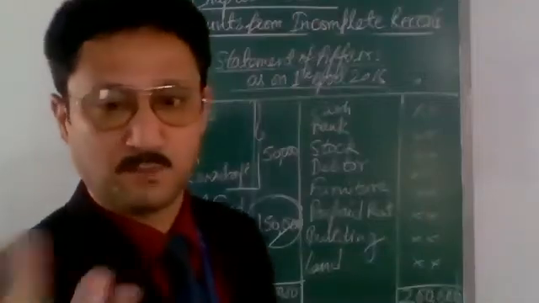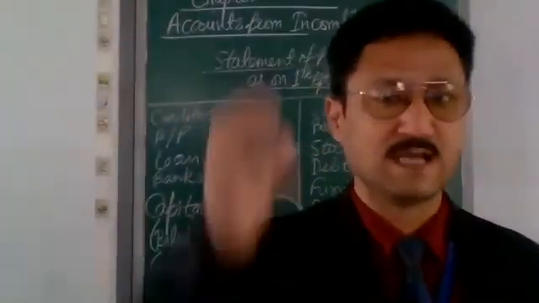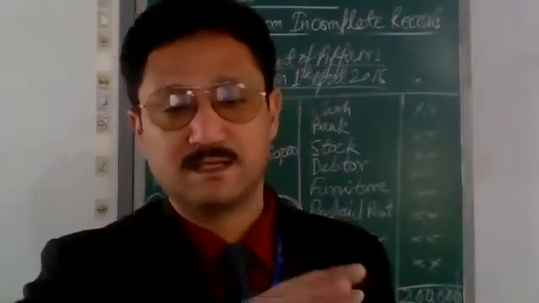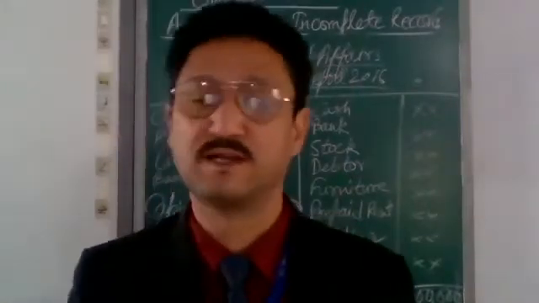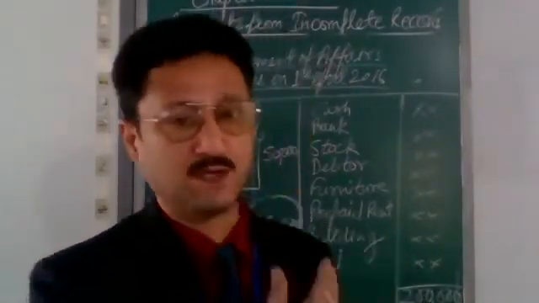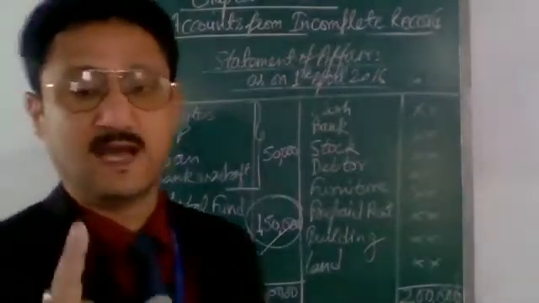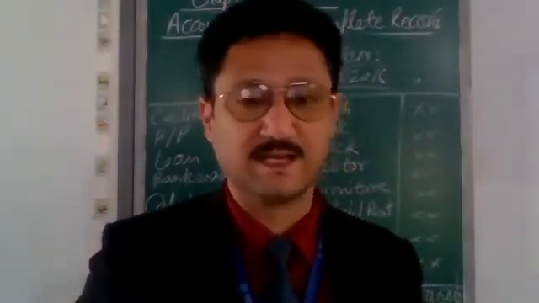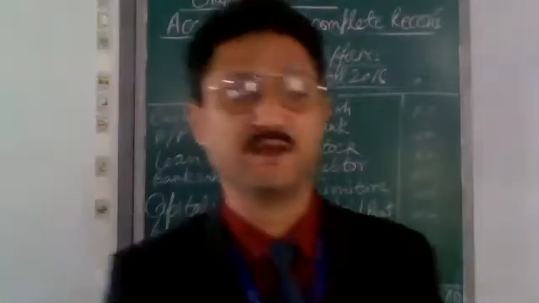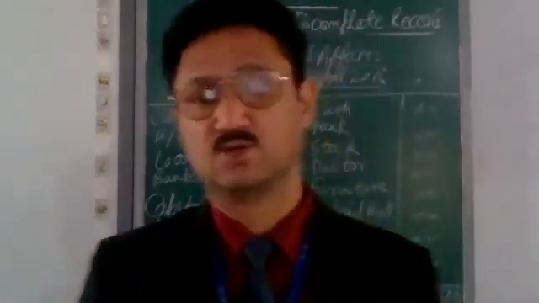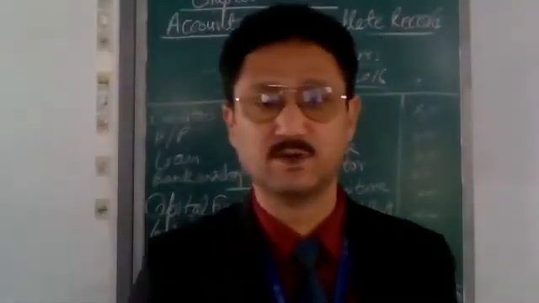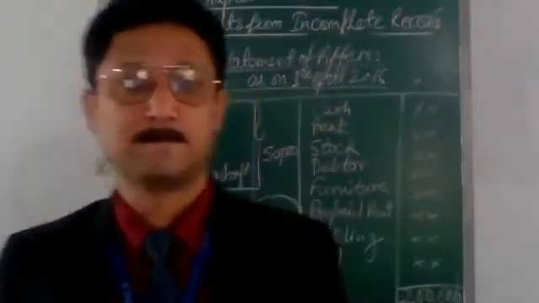Once you get both opening capital and closing capital, then you can make the statement of profit, which I have just told you. And then with the help of adjustments, you can add and subtract various items to find the profit and loss of the year, to find the actual profit or loss incurred during the year.